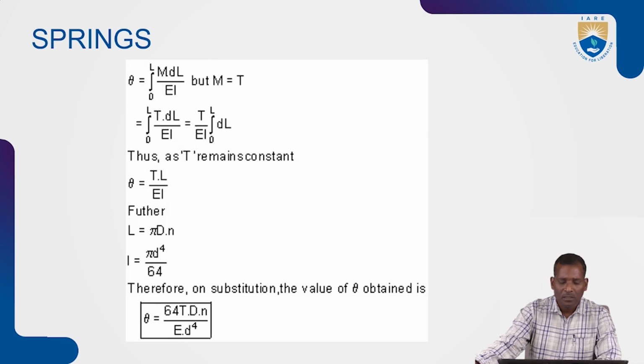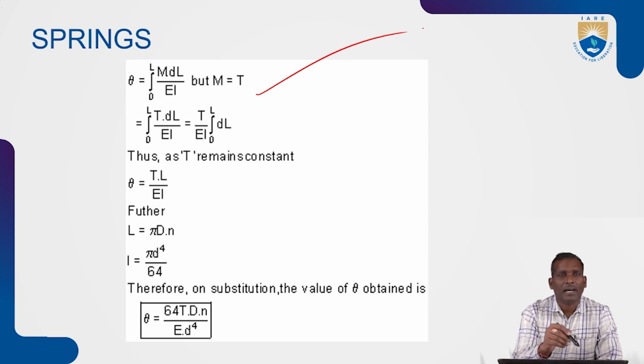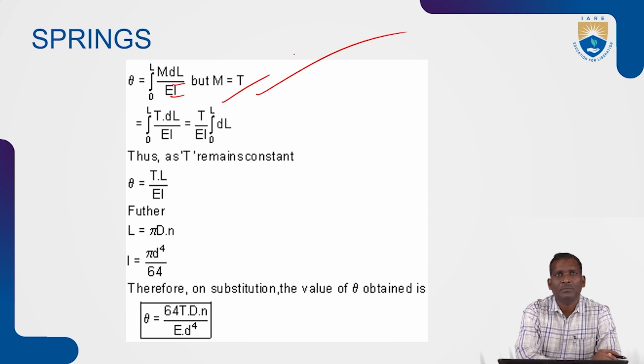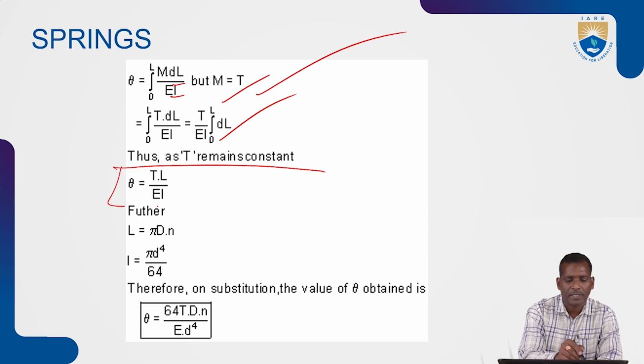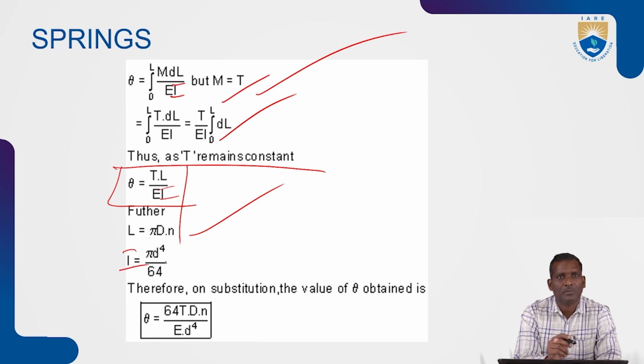See how to calculate that wind up angle in these formulas. Theta is the integral from 0 to L of M dL by EI, but here the bending moment is the torque T. So take T by EI outside, and integrate dl from 0 to L. Thus T remains constant. So theta is equal to TL by EI. For further simplification, substitute L equal to pi d n and I equal to pi d to the power 4 by 64.